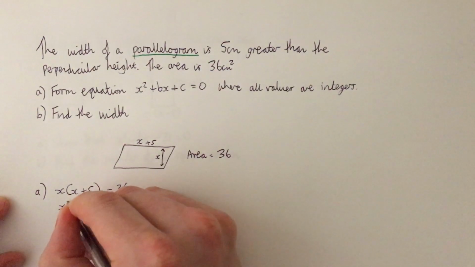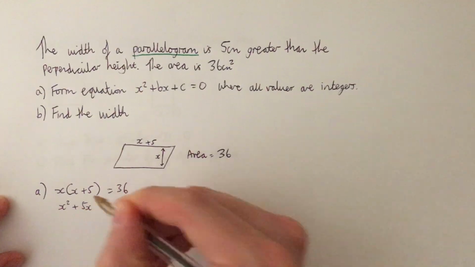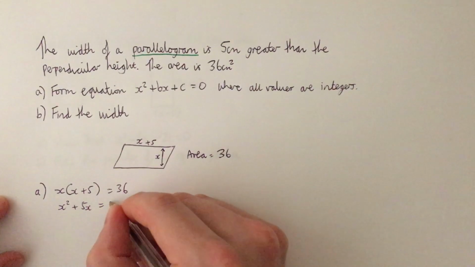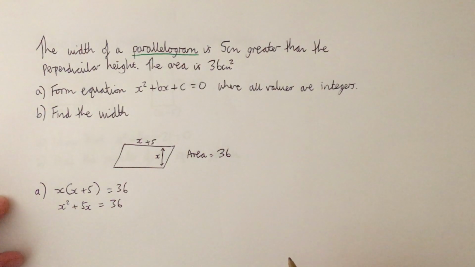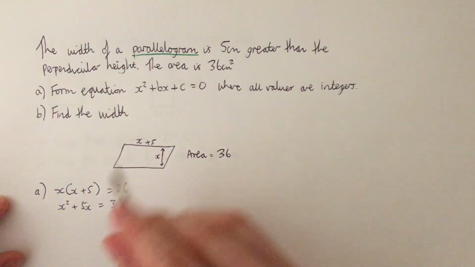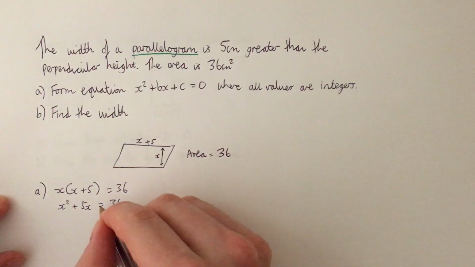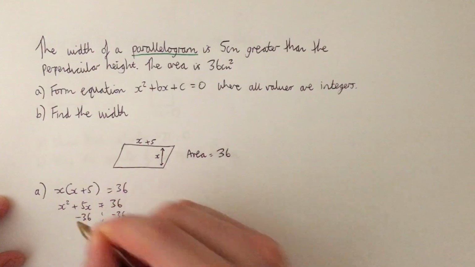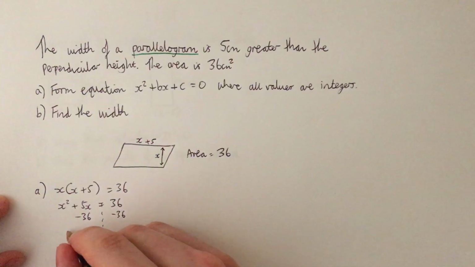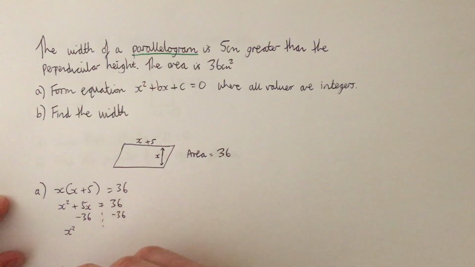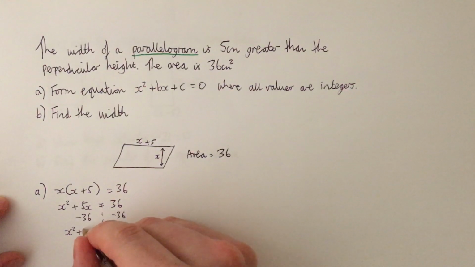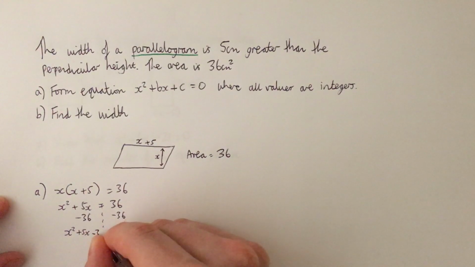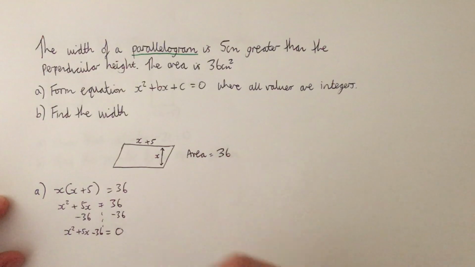So x squared plus 5x equals 36. Okay? Now I simply say to myself, well, how do I go about making it equal to 0? I would minus 36 from that side, minus 36 from that side, to leave me with x squared plus 5x minus 36 equals 0.